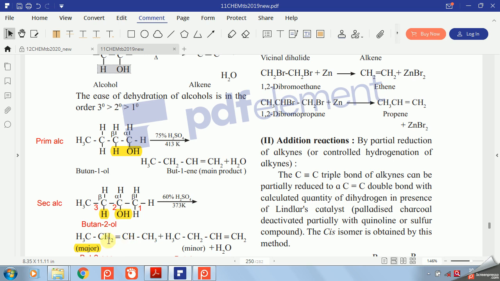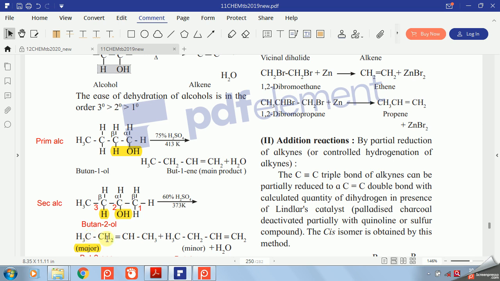So the double bond is between carbon number 2 and carbon number 3, and your double bonded carbon contains 1 CH3 on one side, on the first carbon of the double bond, and 1 CH3 on the second carbon of the double bond. So there are 2 alkyl groups attached to the double bonded carbons, so it is more substituted.